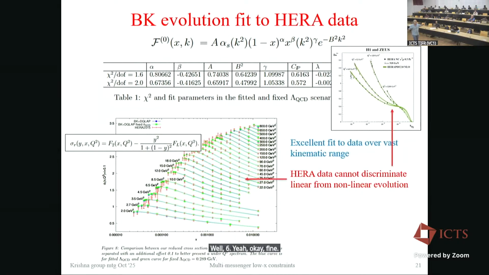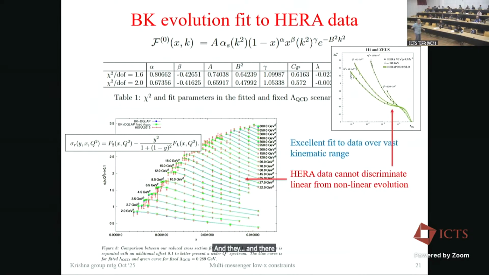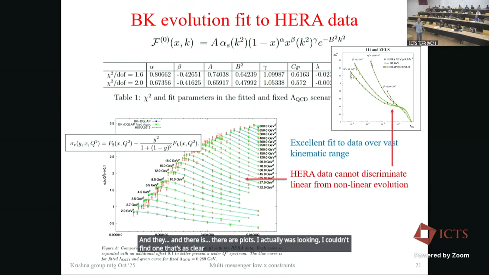But just to defend: for clarity, they only plotted a subset, it's the same data. I was looking, and I couldn't find a plot that's as clear as this one. The data go down to 2 GeV squared also for this exercise, and you would get the same message.